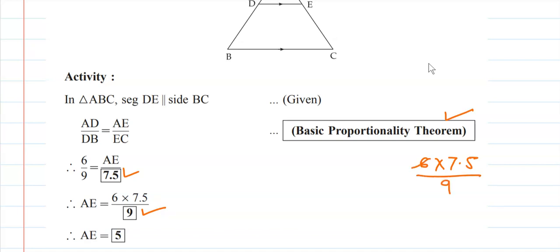Okay. 3 2s are 6 and 3 3s are 9. 2 into 7.5, you will get 15. 15 upon 3, you get 5. And hence, AE is equal to 5. If done correctly, you will get the full credit of the 2 marks. Half a mark is given for each fill in the blank.